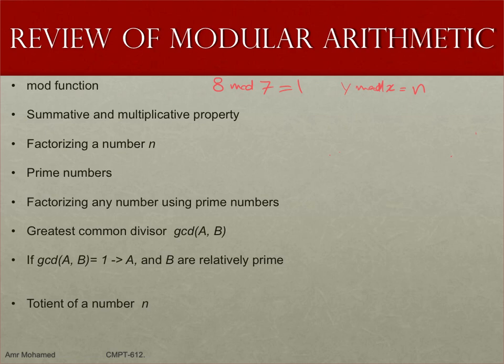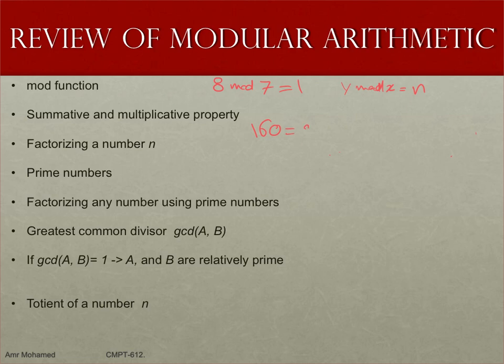So for example, if I take a number, let's say 160, and I want to factorize this number, I want to represent this number using all its divisors. Of course, everything is divisible by 1, so we know 1 is always part of it. But is 2 part of it?